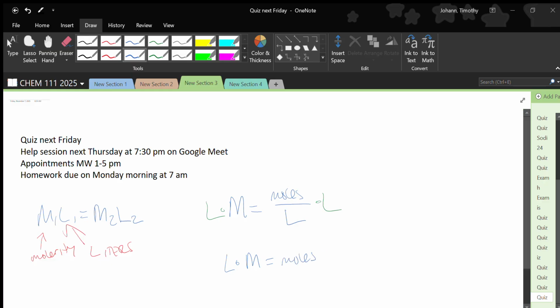What this tells me is that if I change the volume of my solution, if I add some volume, the moles don't change. They're not leaving my container. They don't go anywhere. So if I add more volume to my container, my volume goes up, and then my concentration has to go down.